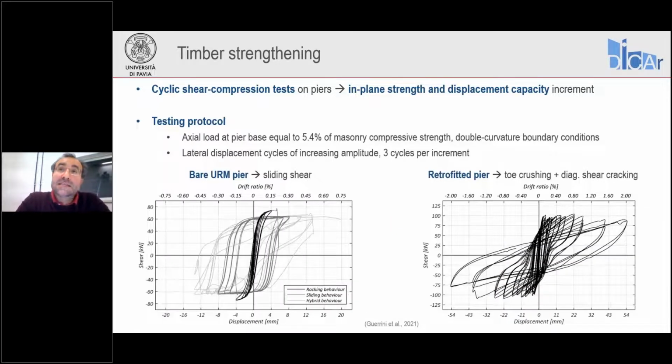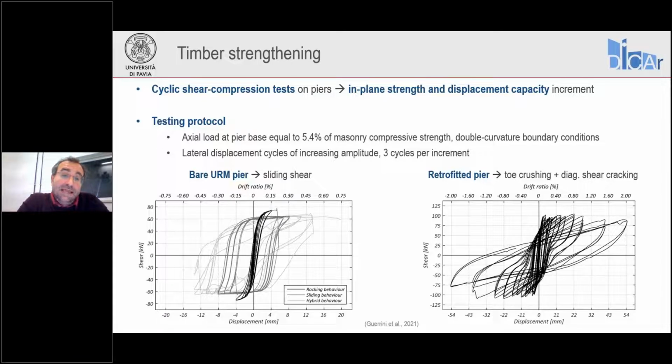In this case, the axial load applied to the system was able to reach 5.4% of the masonry compressive strength. Double curvature boundary conditions were also considered, and a similar protocol in terms of lateral force displacement cycles was followed as seen before. And here we can see the response of the bare URM pier and the retrofitted pier.